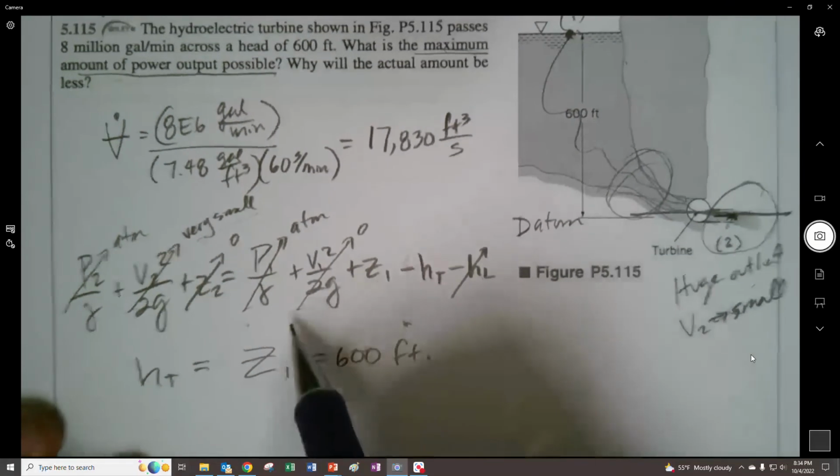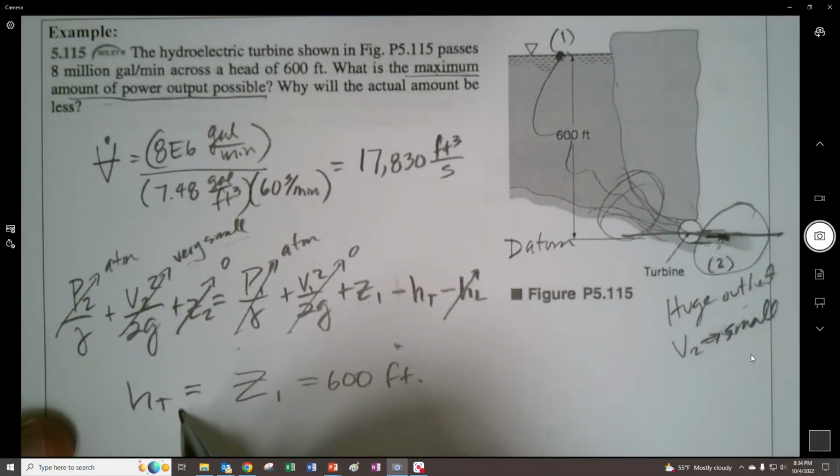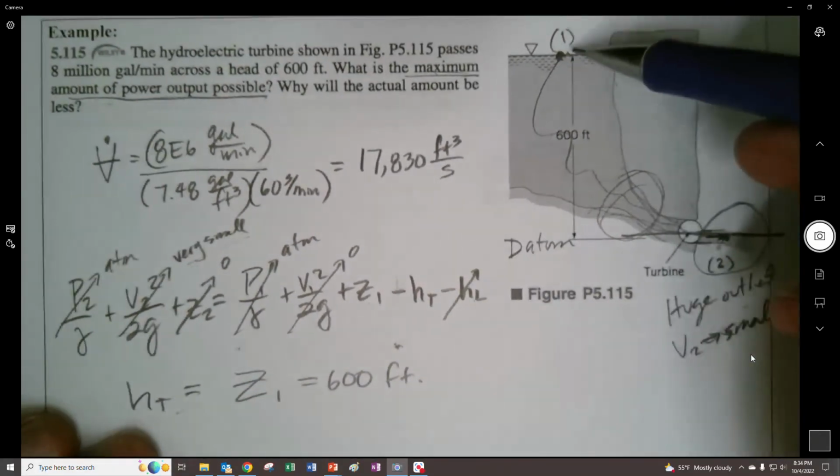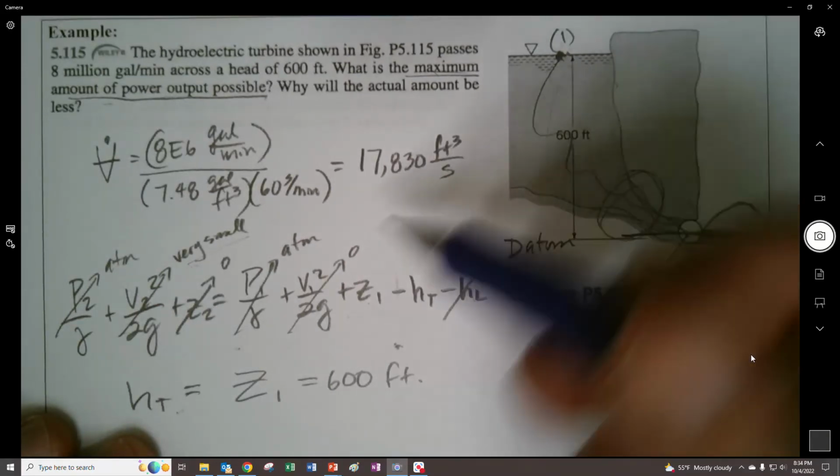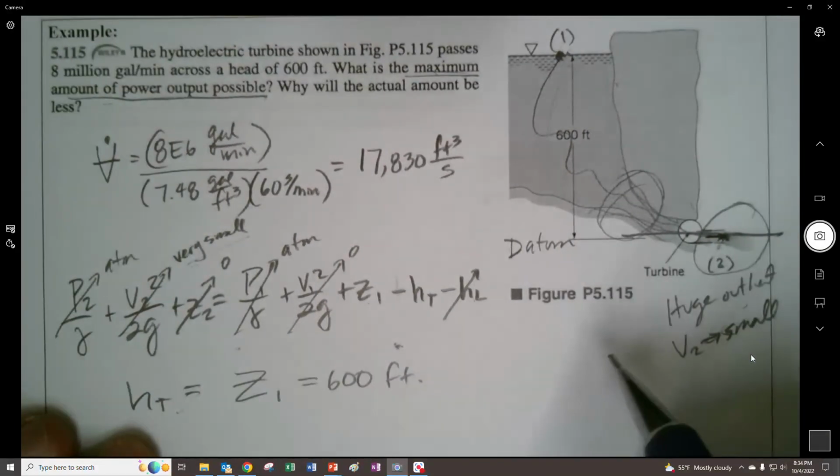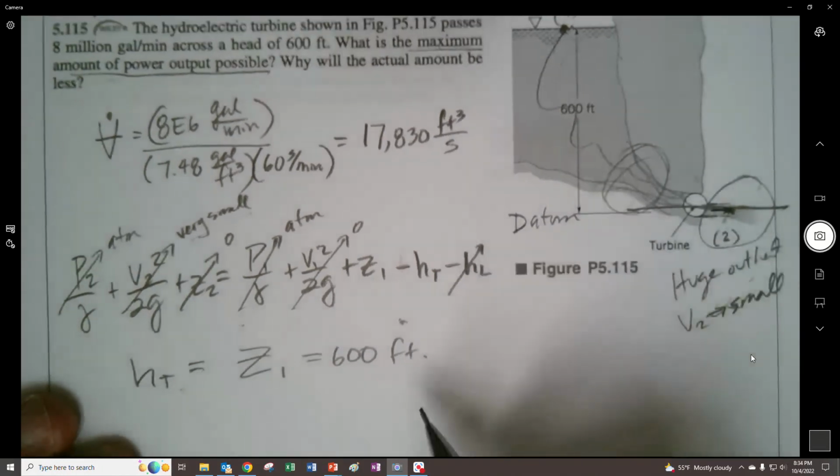And it reinforces the idea of why we're using head, because this dimension is the thing that's really driving our ability to extract power.